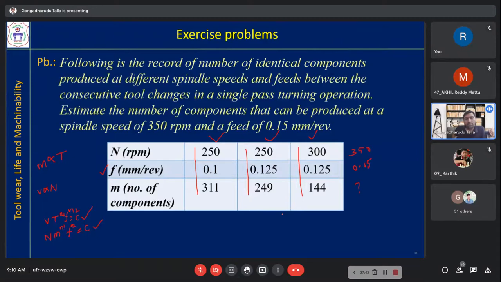You can find in different ways directly, because you have scientific calculators. Otherwise, you can apply logarithm, so you will get equations.